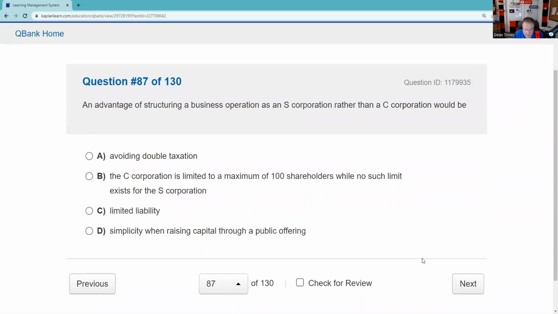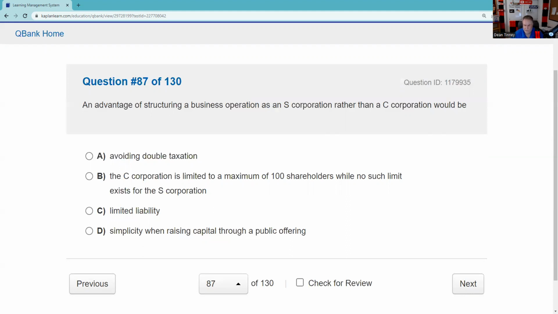The advantage of structuring a business operation as an S Corp rather than a C Corp would be very much, again, you're going to get some questions on these business structures and how they're different. Remember, the C Corp, there is going to be double taxation because the corporation makes money, pays taxes, and then you get your dividend and you pay taxes. That money has been taxed twice, right?